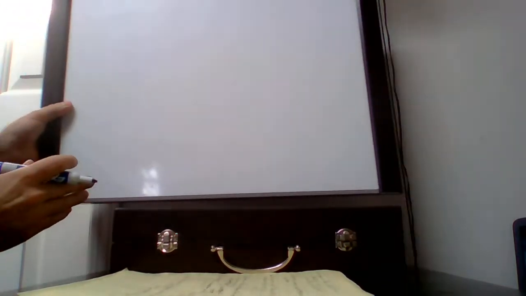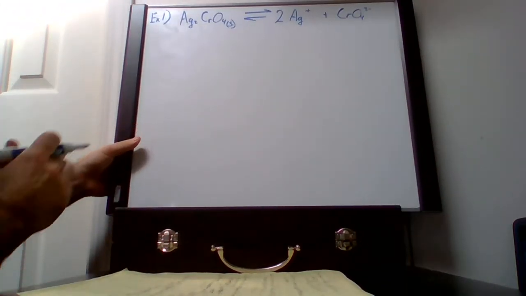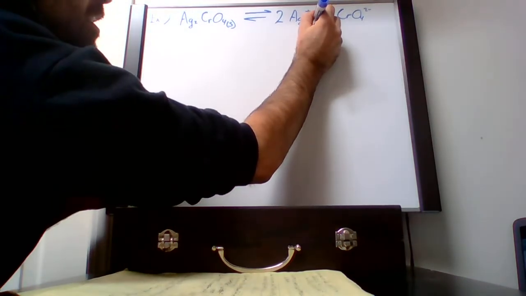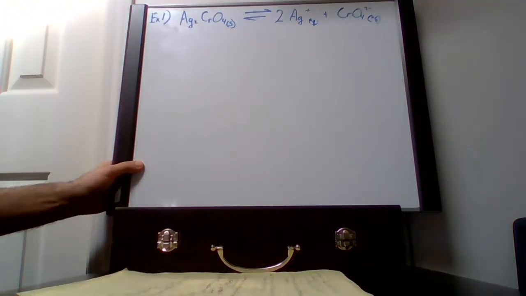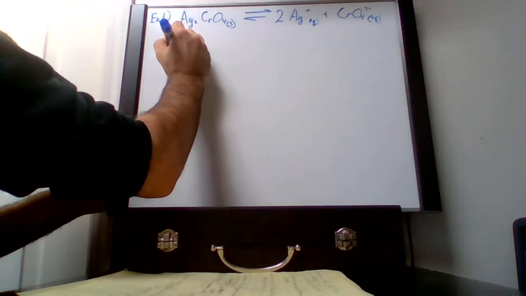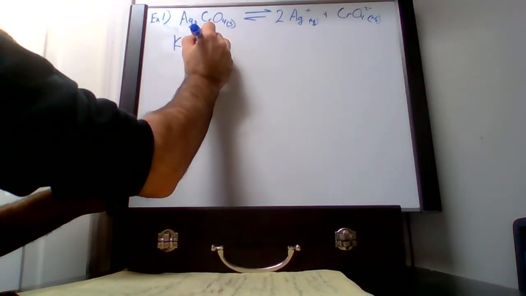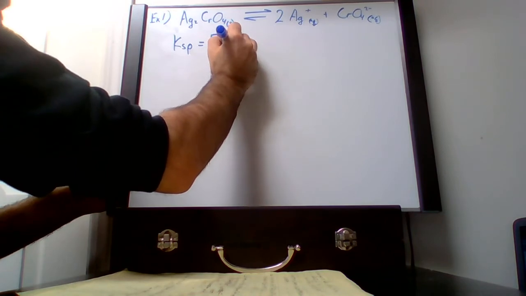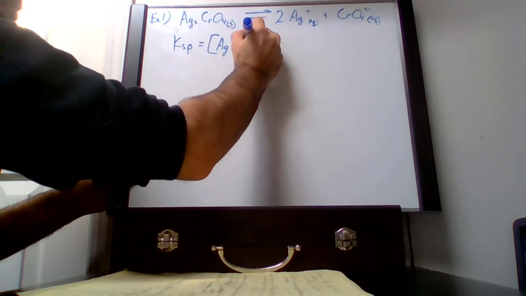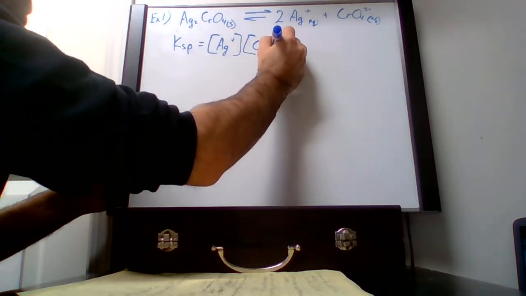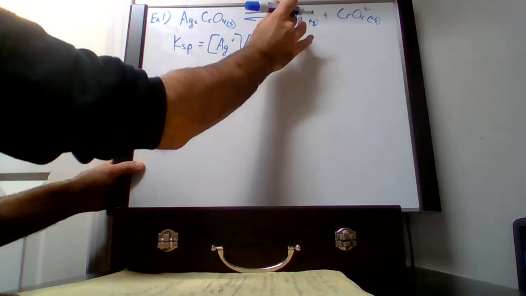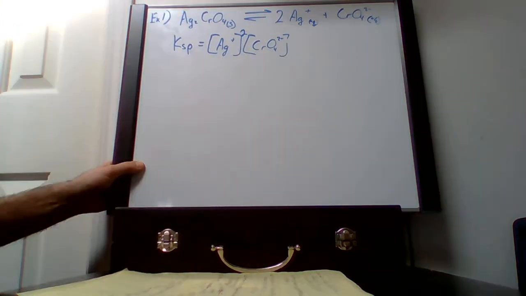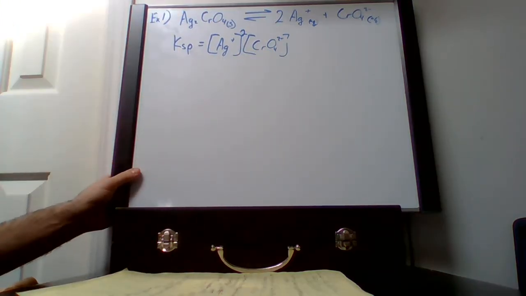Pardon me for a second, I'm just going to get those wires behind here. All right. And now both of these, since they are ions, lets us know that they are aqueous. And that gives us then our KSP is equal to the concentration of the silver multiplied by that CrO4 2 minus. But we've got that coefficient of 2 in front of that silver, so we need to square that silver concentration.